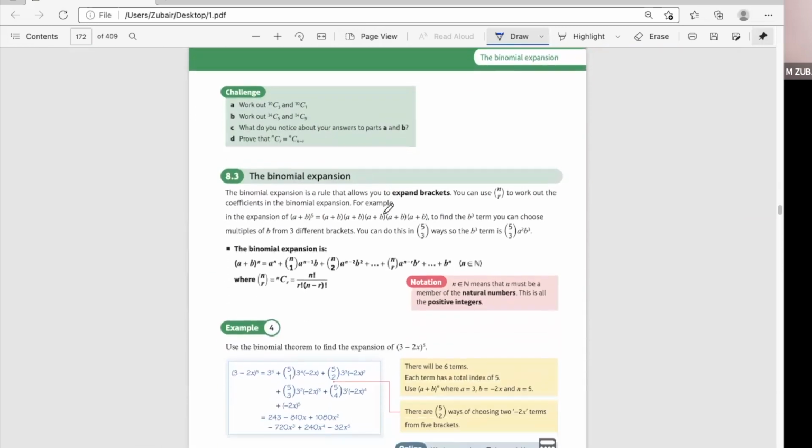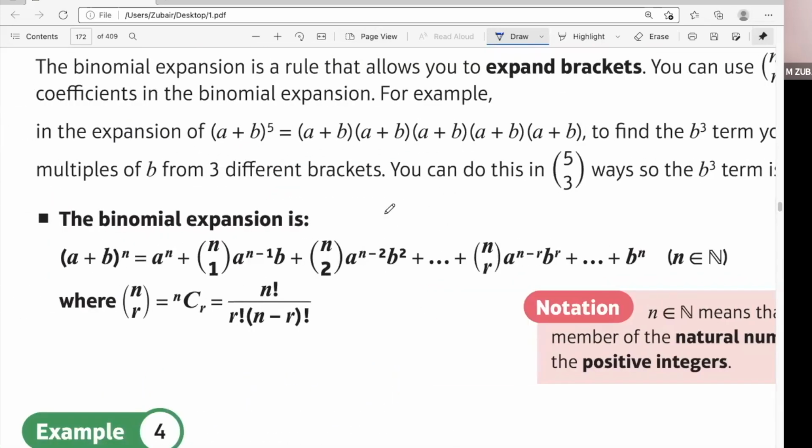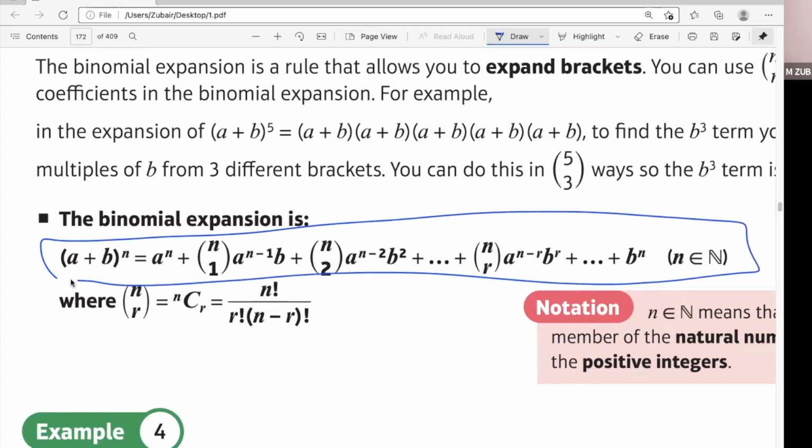So coming to binomial expansion. Okay, now this is the formula. Wherever you see this n at top and 1 here, this is basically NC1. This is NC2. And this is NCR.